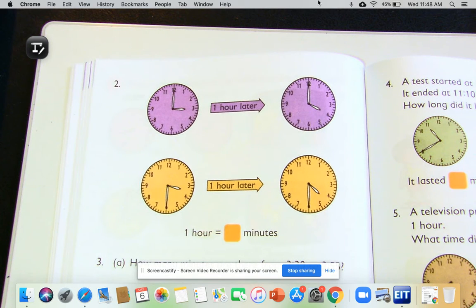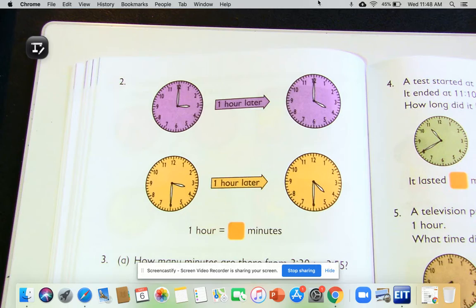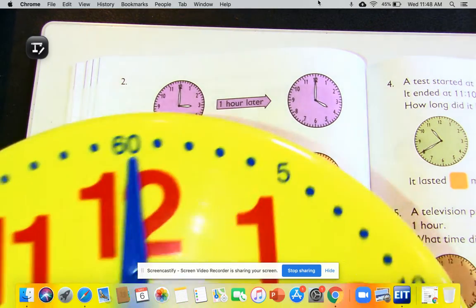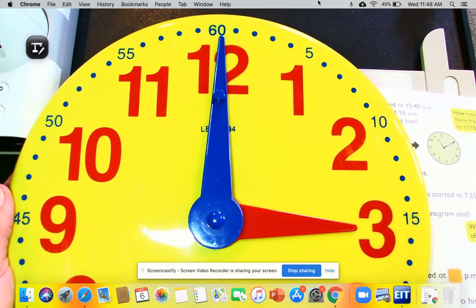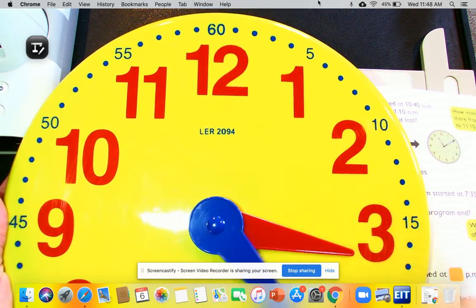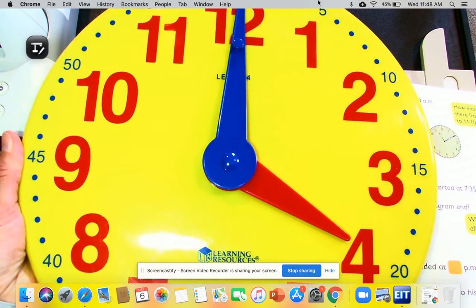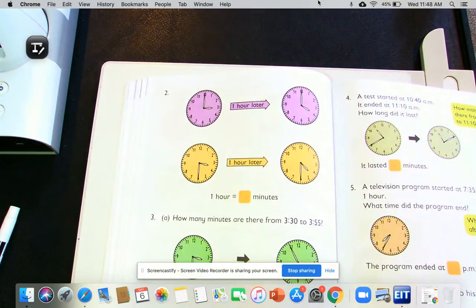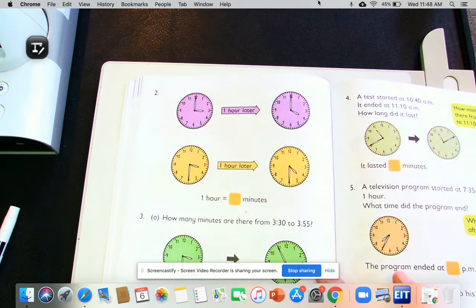So if we wanted to put that on our big clock here, there we have 3 o'clock. 1 hour later, it goes all the way around the circle one time. Now it's 4 o'clock. And we know that is the same as 60 minutes. 1 hour is 60 minutes.